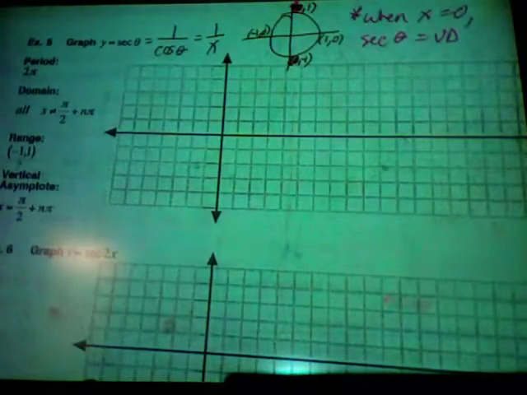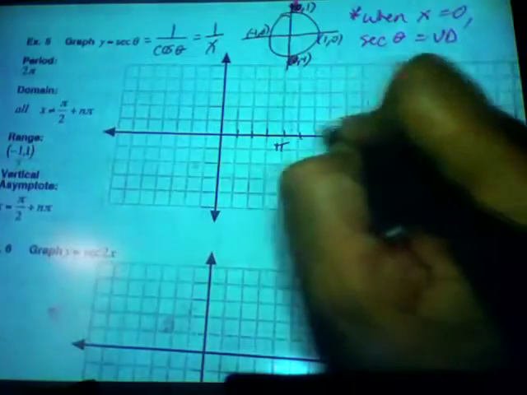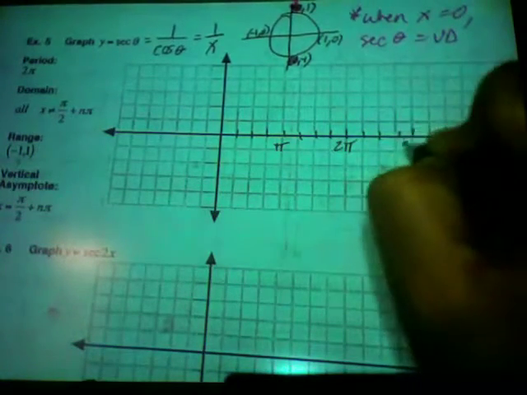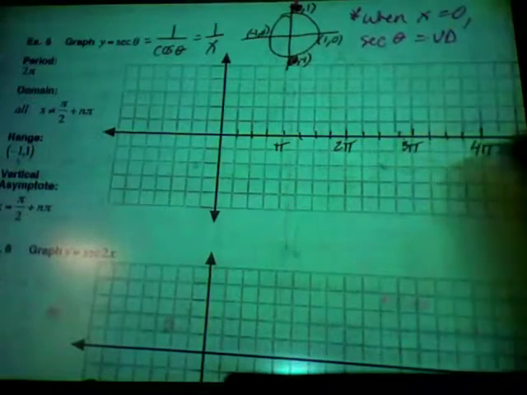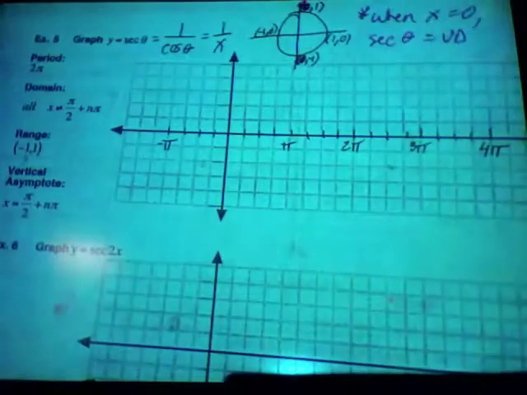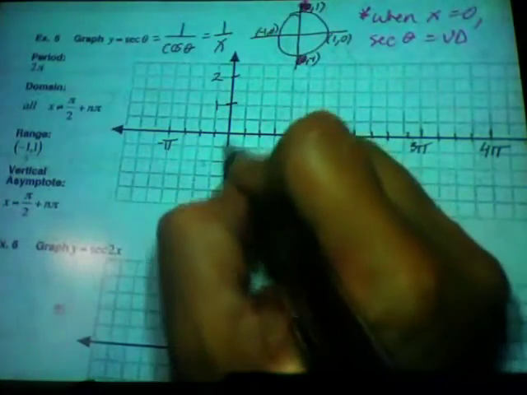So I have to mark this off first. Again, we're going to mark this as +1 and this is +2. On the vertical, we're going to go by halves, so we don't squish it so much. -1 and -2.